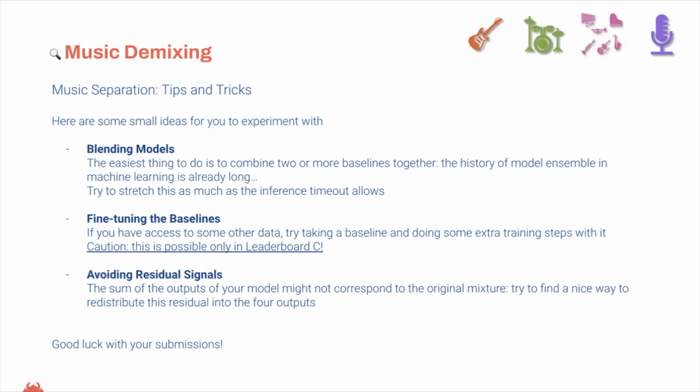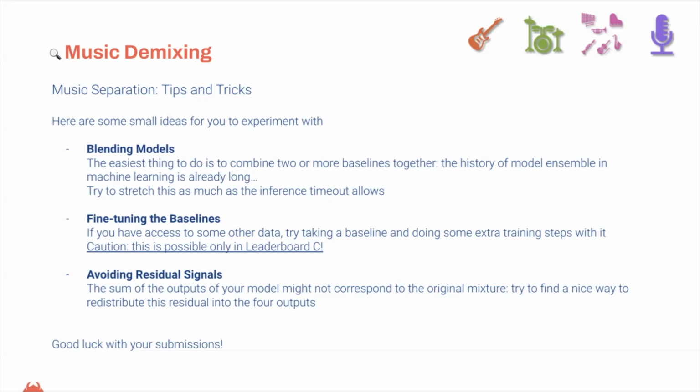And finally, avoiding residual signals. This is quite nice because the sum of the outputs of your model doesn't necessarily correspond to the original mixture. And so there is some residual signal that was not taken out of the mixture. But the sum of the target ground truth that we evaluate against actually corresponds to the mixture.